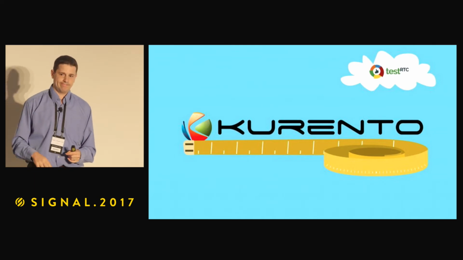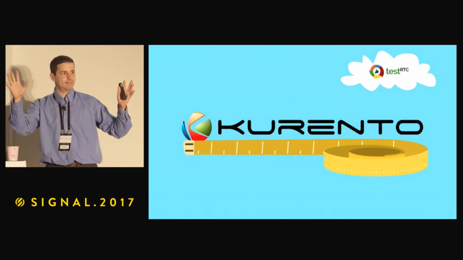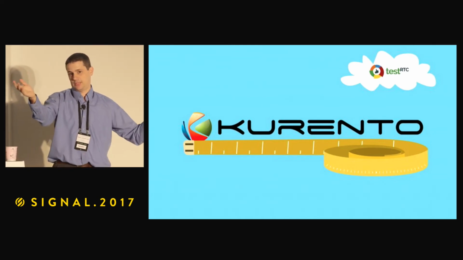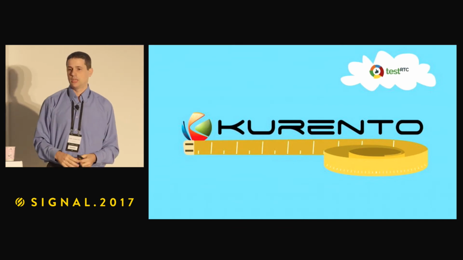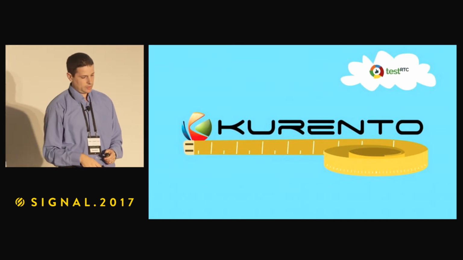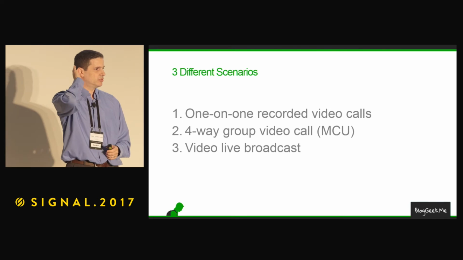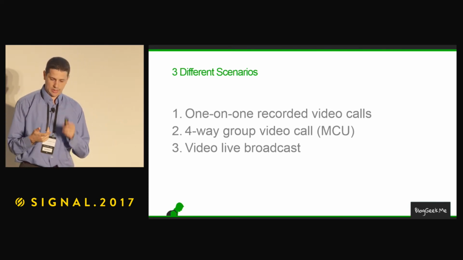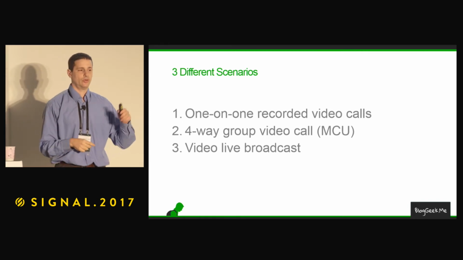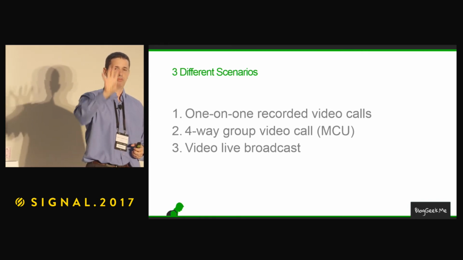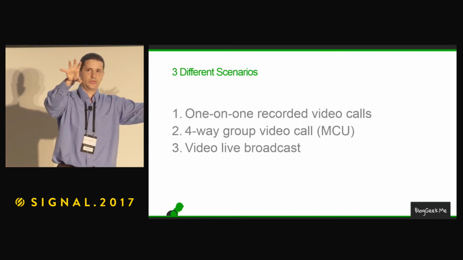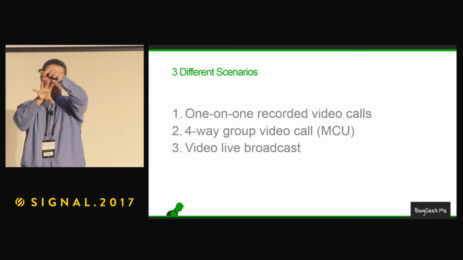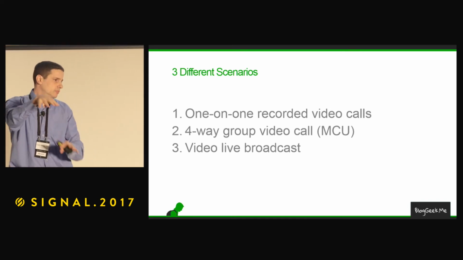We told them, let's take a machine on AWS, because that's where people host stuff today. You install Kurento on it, and we decide on 3 different use cases on that specific machine, nothing else.